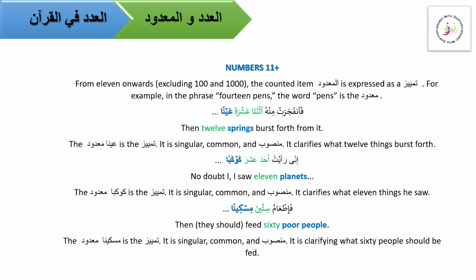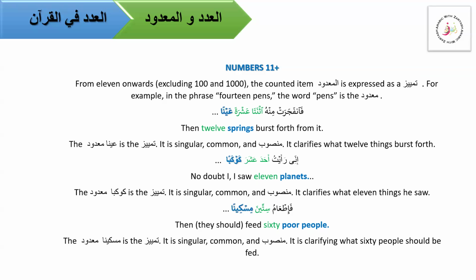فَانْفَجَرَتْ minhu isnata asharata aina. So then 12 springs burst forth from it. So madud here is this noun. This is a tamyiz. As we learned that from 11 onwards, the madud is going to be a tamyiz.